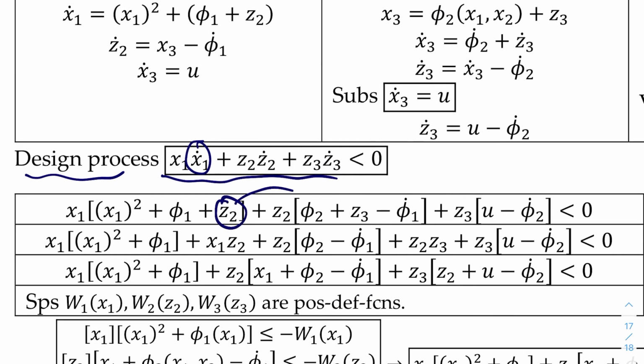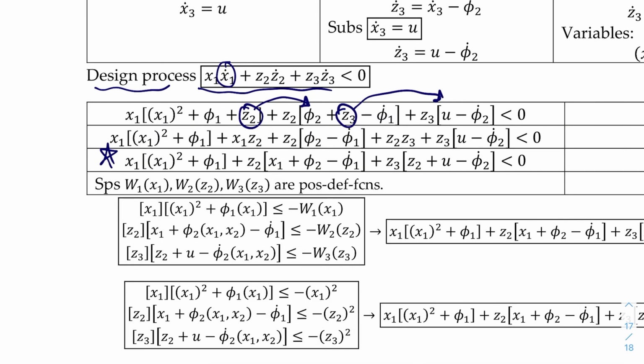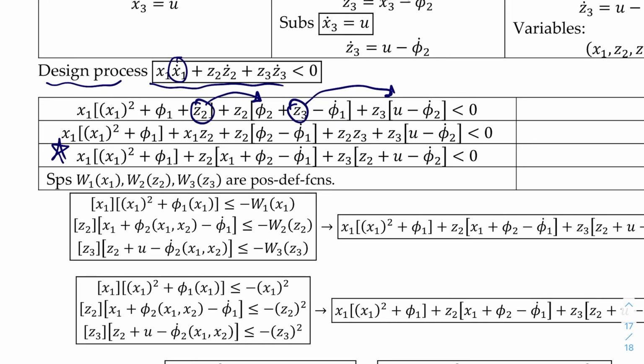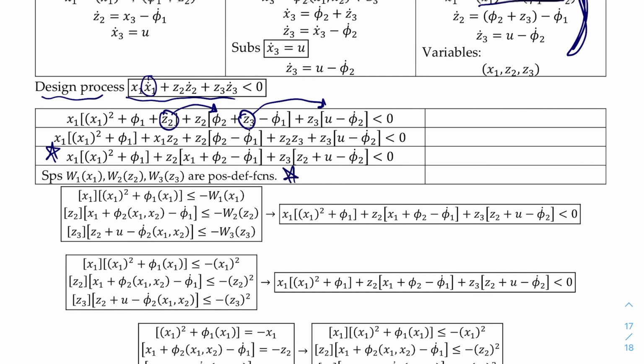If you have z2, carry that to the z2 parentheses, and if you have z3, carry that to the z3 parentheses. And if you have what I guess you would call standard form, you can say, suppose v1, w1, w2, w3 are positive functions.